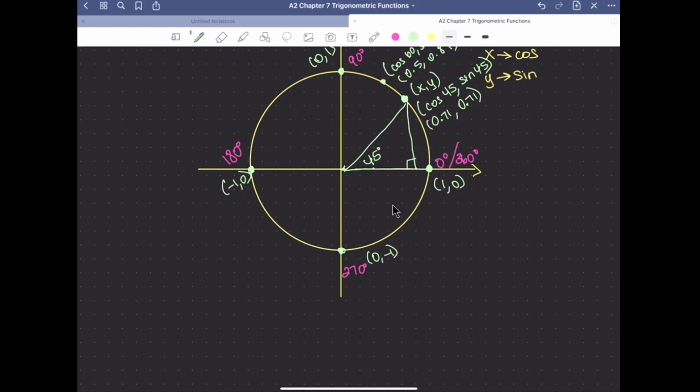It's going to be 45, right? And what do we know about 45-45-90 triangles when it comes to their side length? They're all the same, right? So when it comes to that x value, how far did I go across? 0.71. So how far did I have to go up? 0.71, right? Because those are the same.